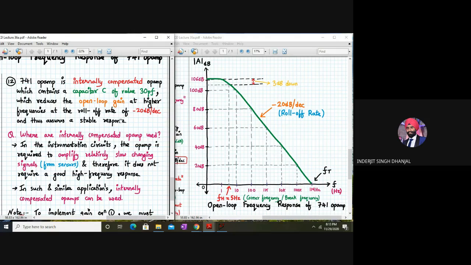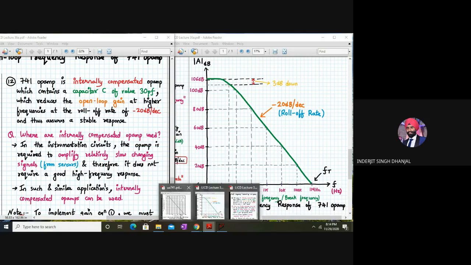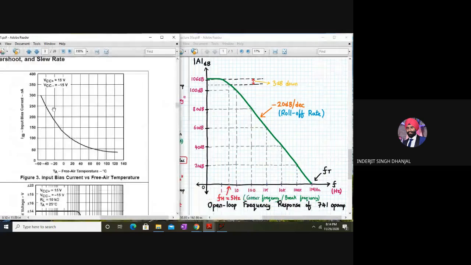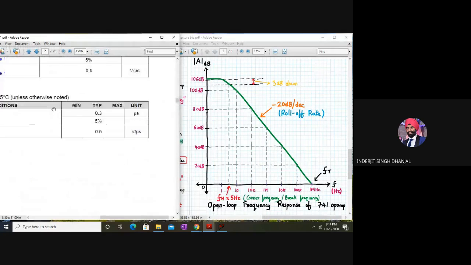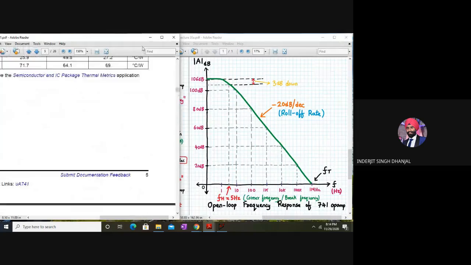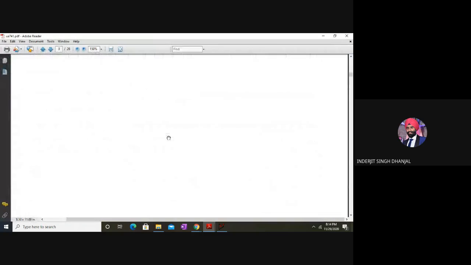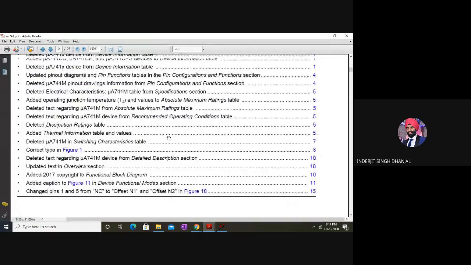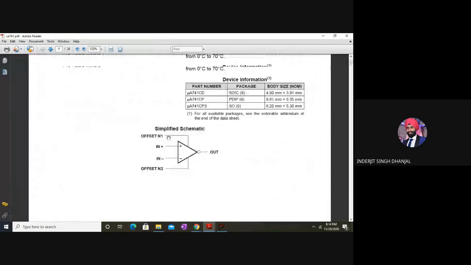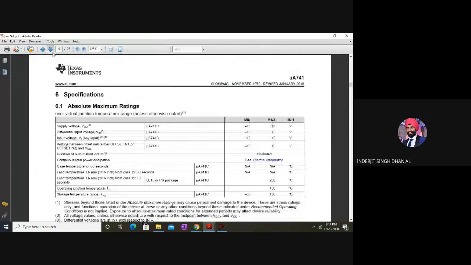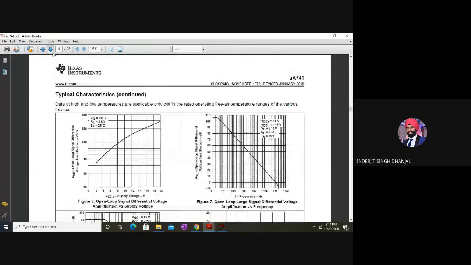Now, what's the meaning of this? Let's check the data sheet again. In the block diagram of this op-amp, we'll see a single capacitor present. Let's check the internal structure of the op-amp. Yeah, here it is.